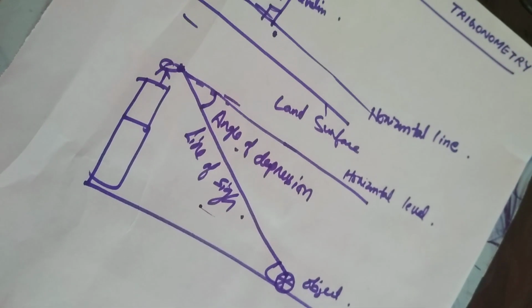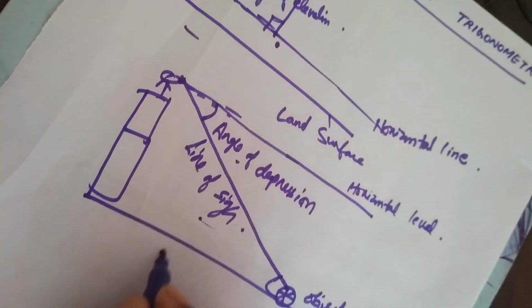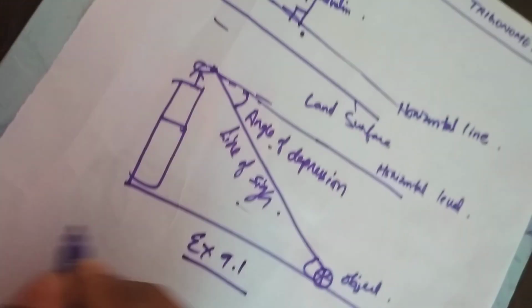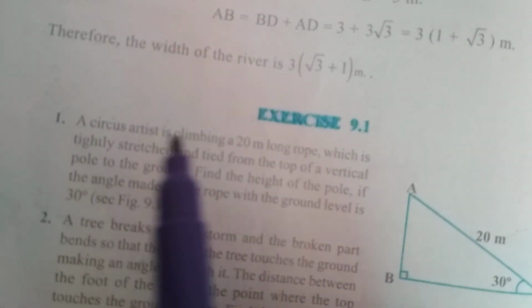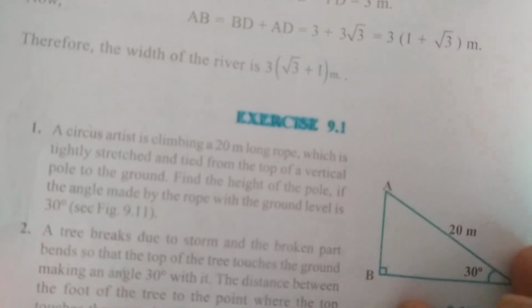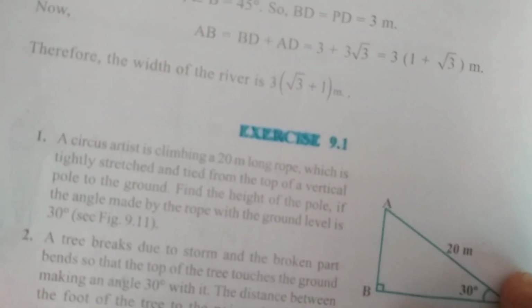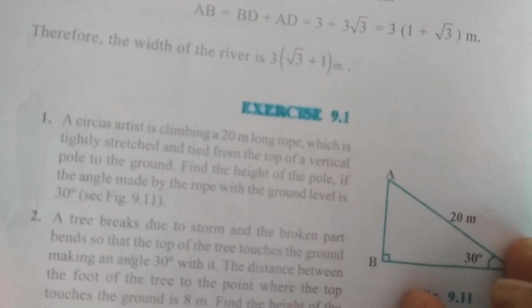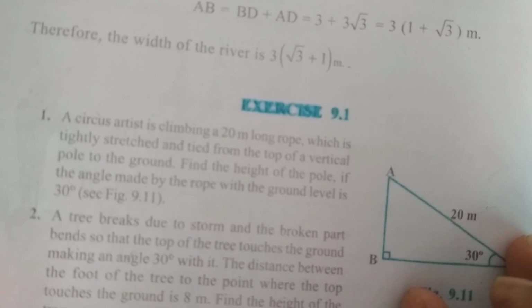Now let's do one small example. I'm going to do exercise 9.1 question 1. We'll discuss it in detail later, but first, just for your understanding, we'll do one question here. The question says: a circus artist is climbing a 20-meter long rope, which is slightly stretched and tied from the top of a vertical pole to the ground.